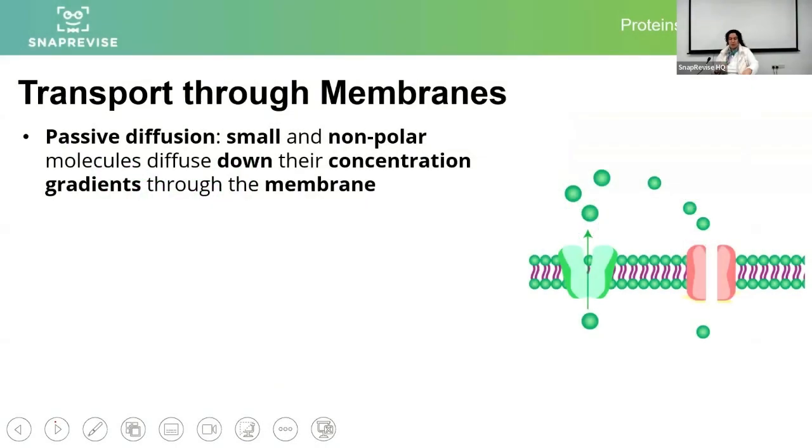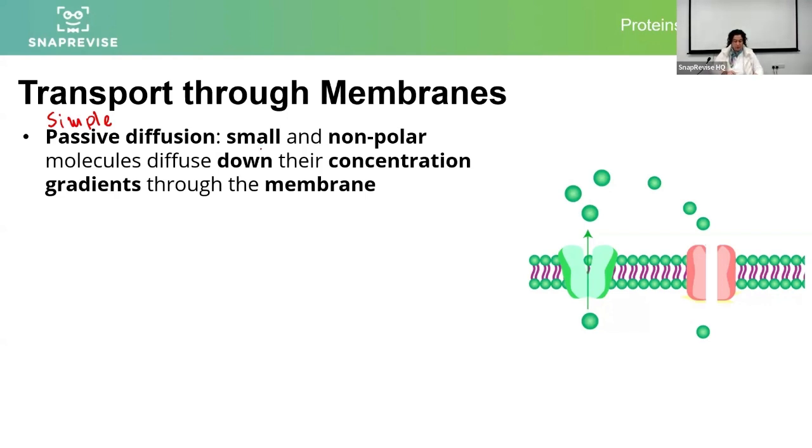Then let's look at how transport across membranes actually works and what types of transport we can have. We can have passive, or simple, diffusion. Diffusion is always passive in the sense that it doesn't require energy.